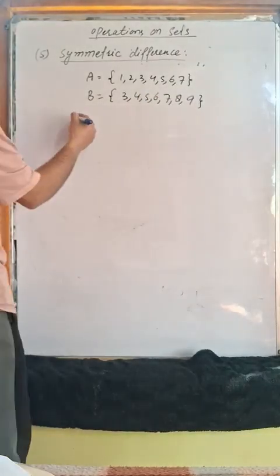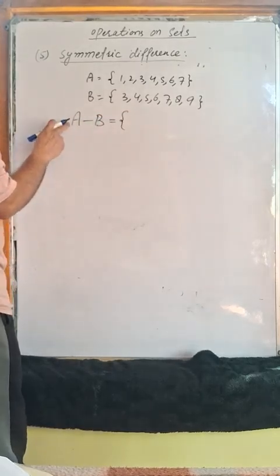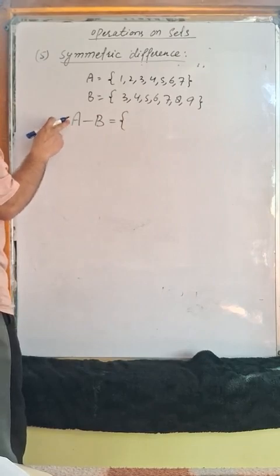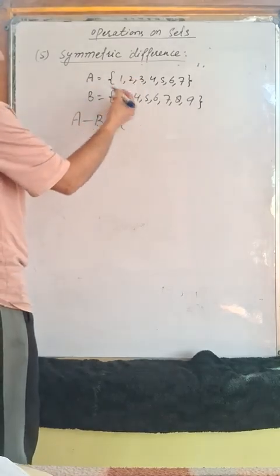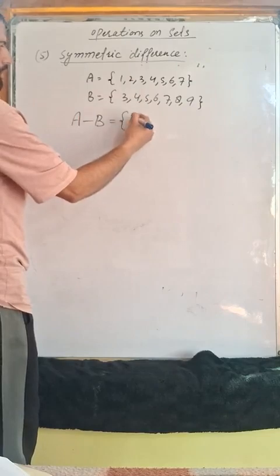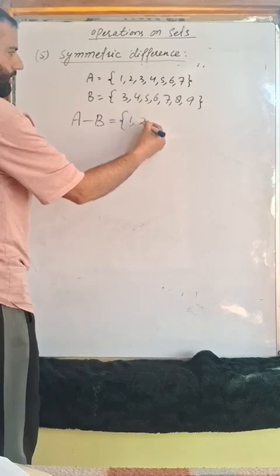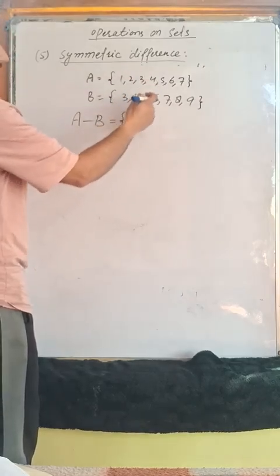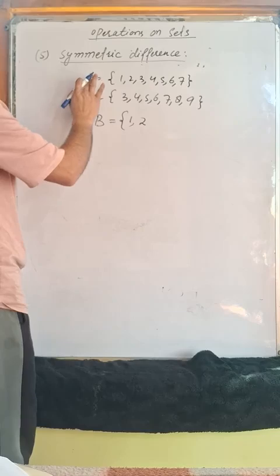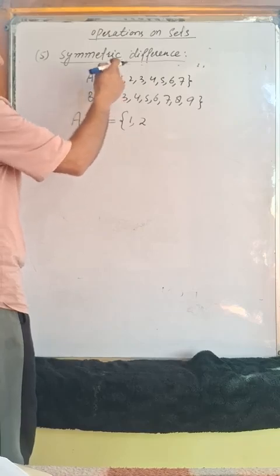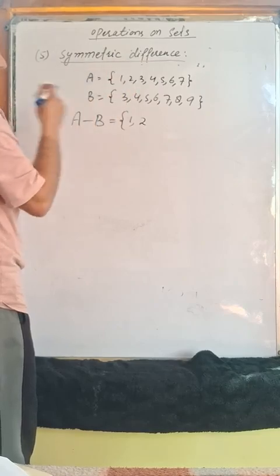Now let us take first A minus B. We have to write the collection of those elements of A which do not belong to B. 1 does not belong to B. 2 does not belong to B. 3, 4, 5, 6, 7 are all in B. We have to write only the elements of A that do not belong to B. There are only two elements, 1, 2 that do not belong to B.